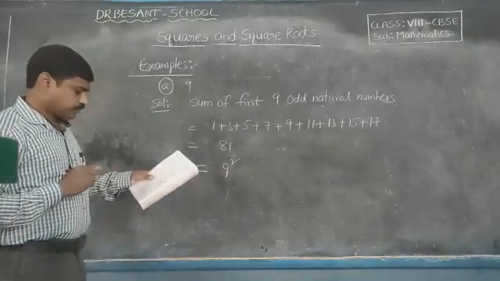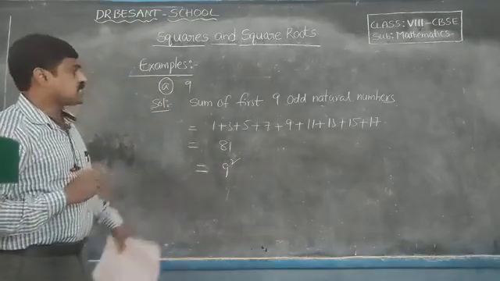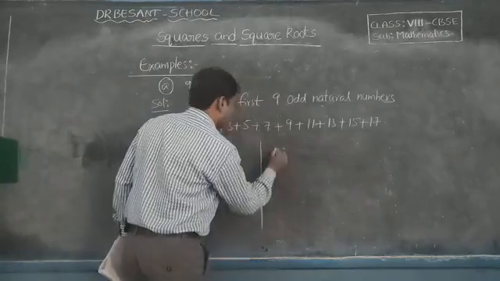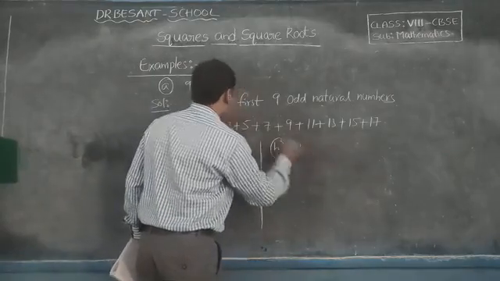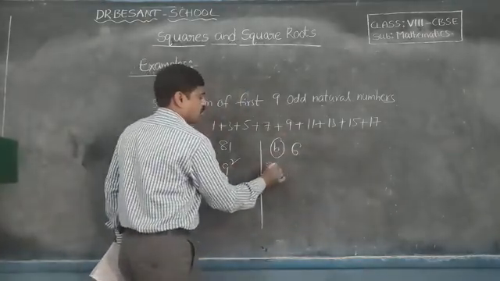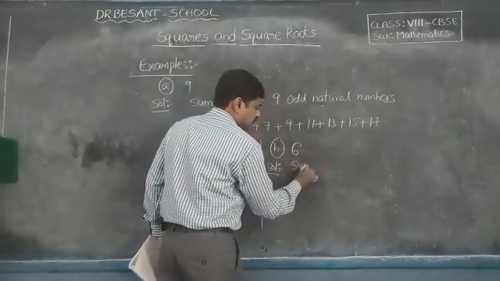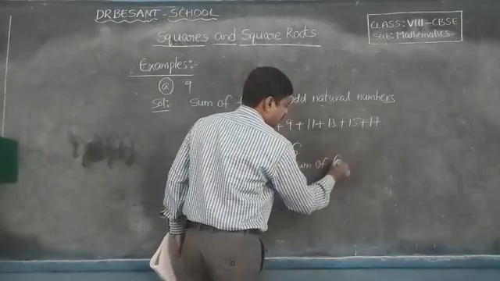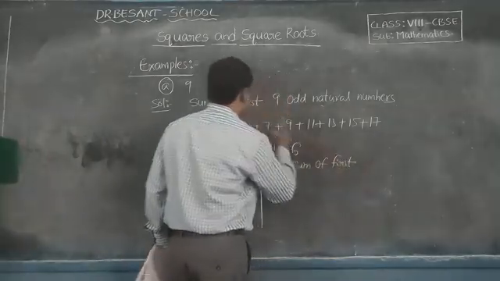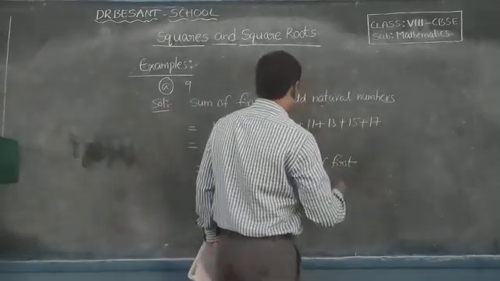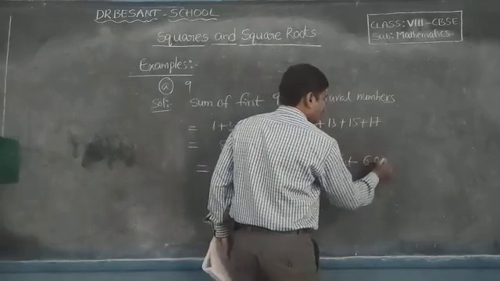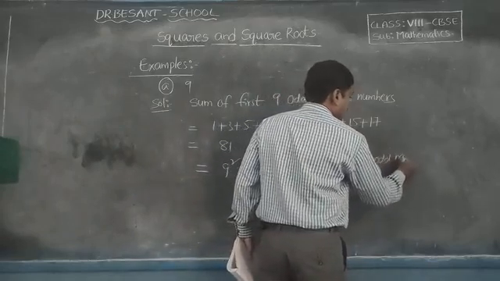Next, one more, 6. So what we have to do is find the sum of the first 6 odd natural numbers.